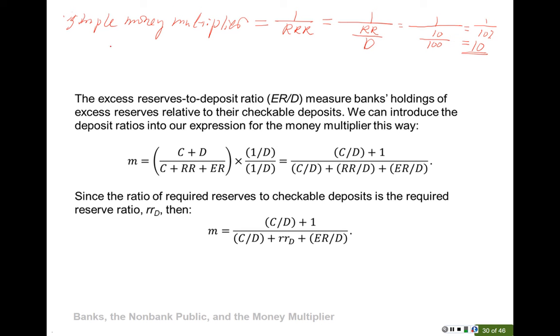When we derive the simple money multiplier, we use the simple deposit creation process to illustrate how money is created, or how deposits and loans are created in the banking system. But we actually make assumptions.